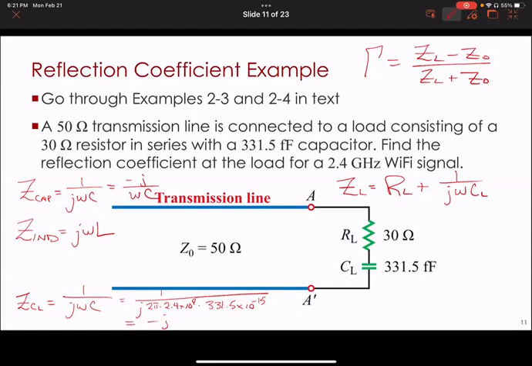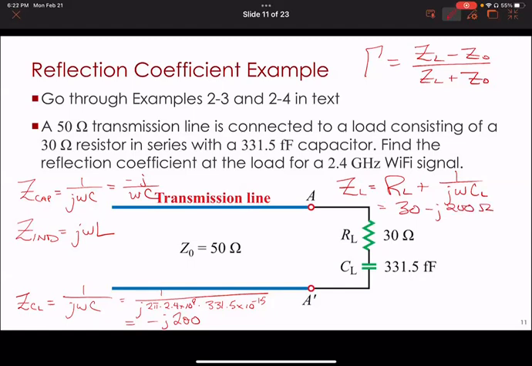Anybody else get anything? Confirmation of one of the answers? Okay. So minus j times 200. Just double check it if you didn't get that. All right. So our total ZL is 30 minus j 200 ohms.